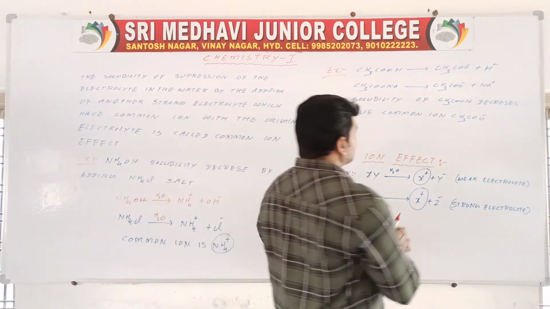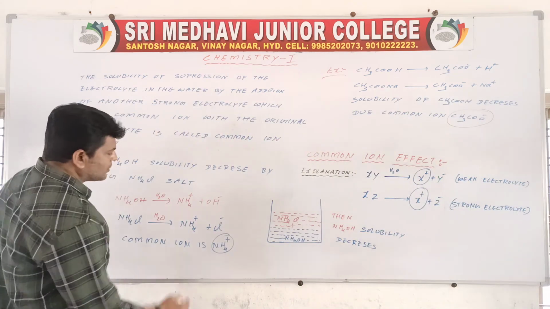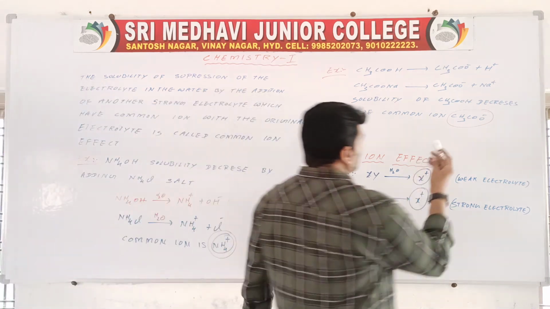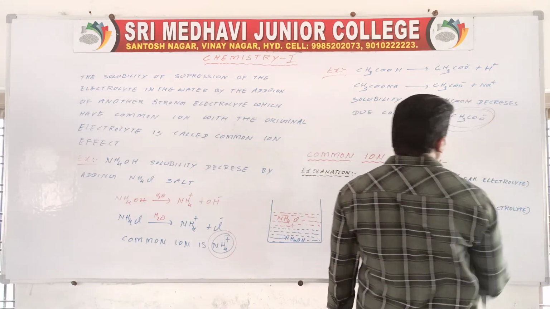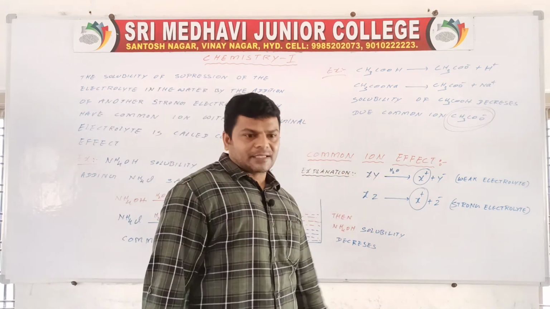Understand? Here also there is a common ion, and previously it was NH4 plus. Here the common ion is CH3COO minus. So this is the common ion effect.